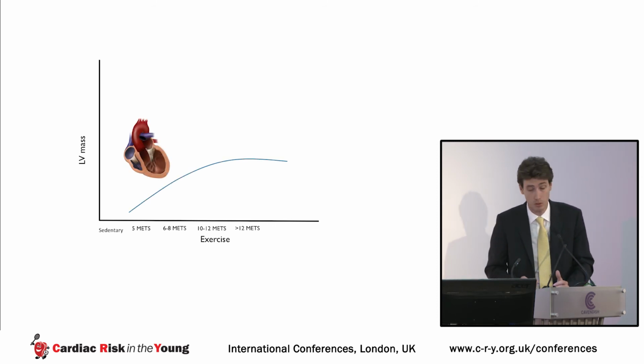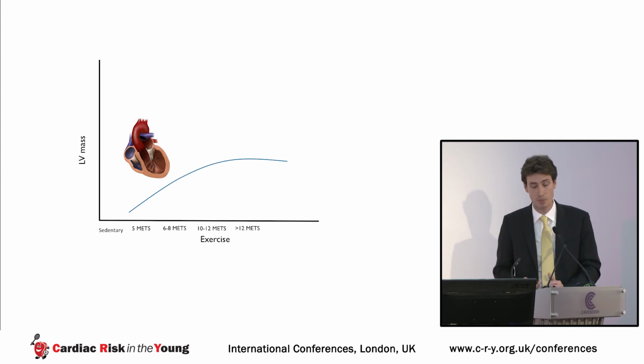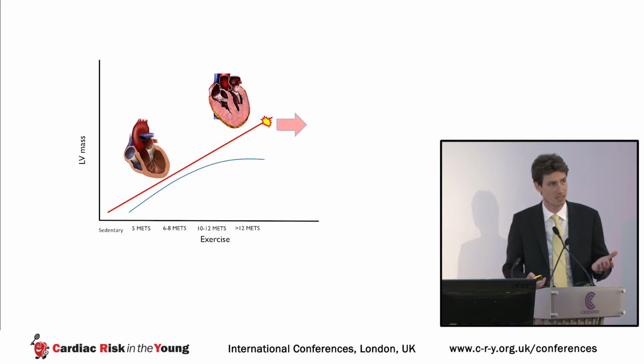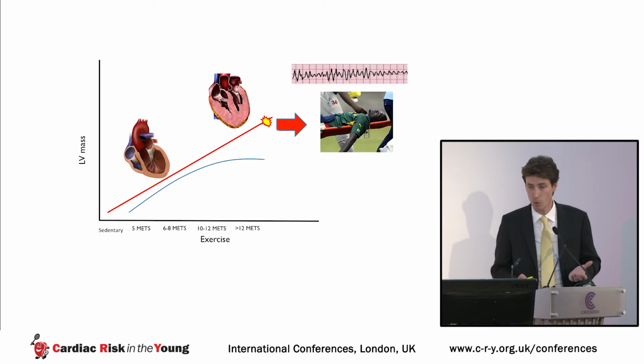It is possible that idiopathic LVH, as the title suggests, is cardiac adaptation gone wrong. So it's possible that in athletes we have a relationship between exercise and LV mass, that at some point we observe a plateau. But it's possible that in some athletes, genetically predisposed, we don't observe a plateau.